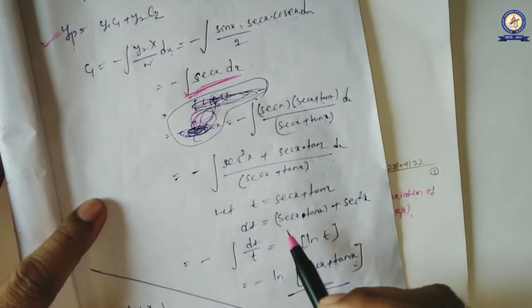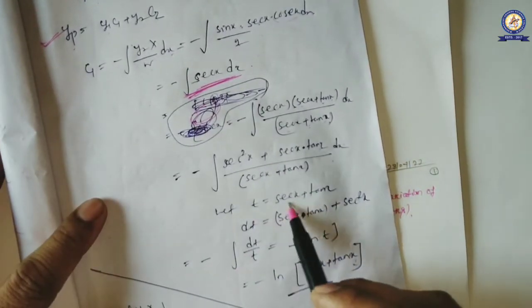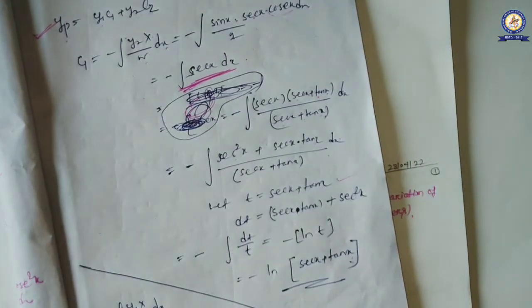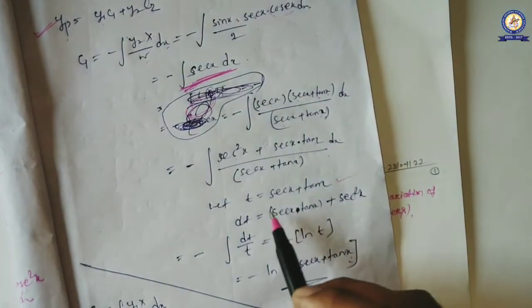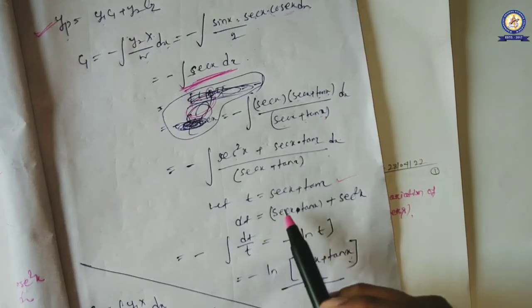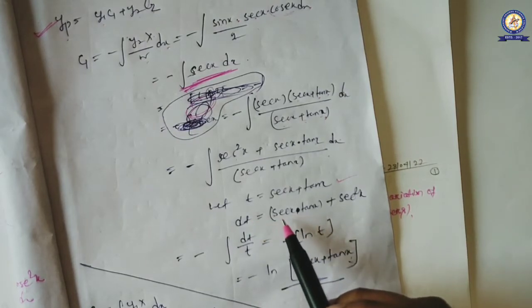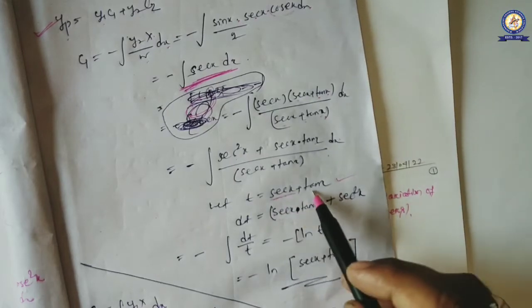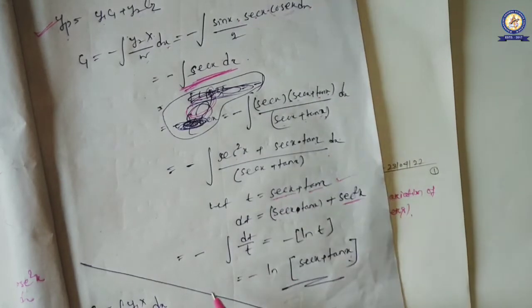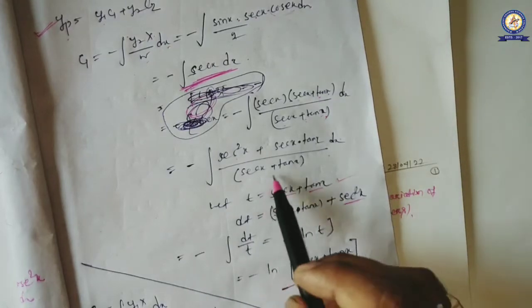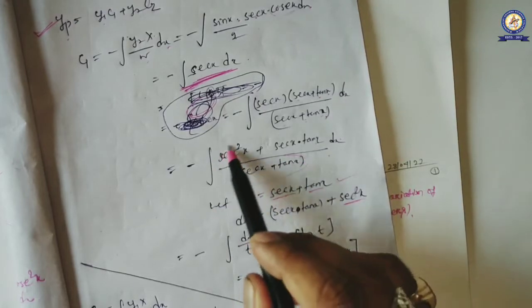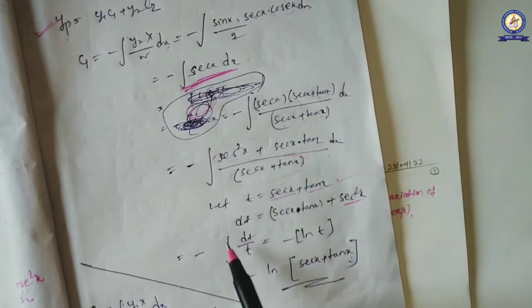Now we have to put t equal to sec x plus tan x, right? So dt will be how much? The derivative of sec x is sec x into tan x, and the derivative of tan x is sec square x. You just see here that the derivative of the denominator is in the numerator, right?